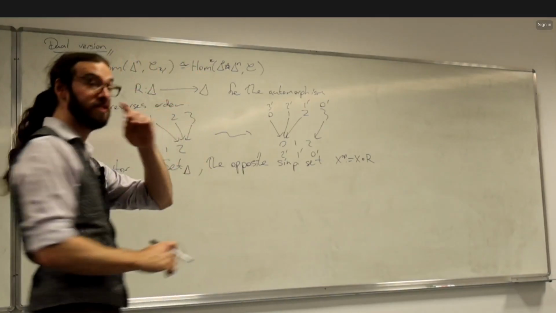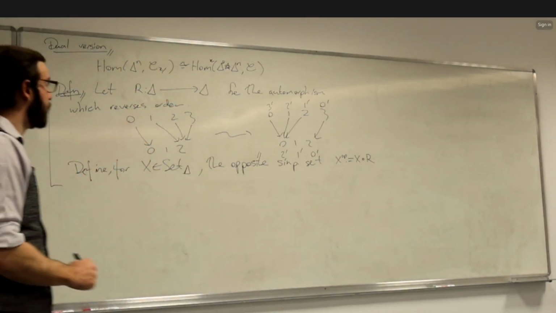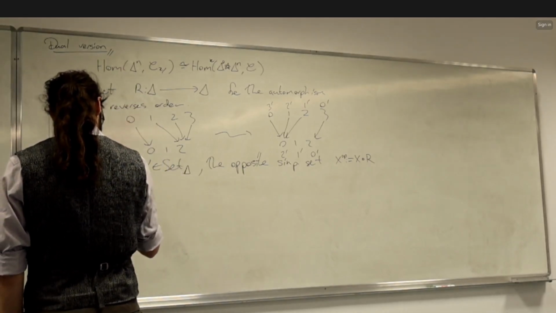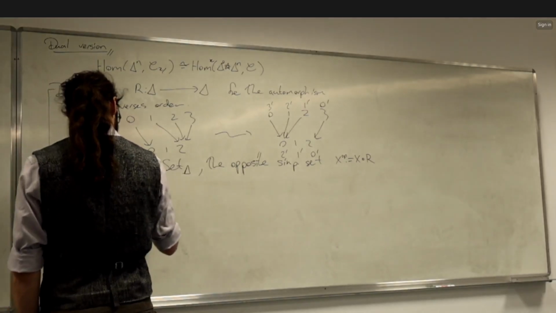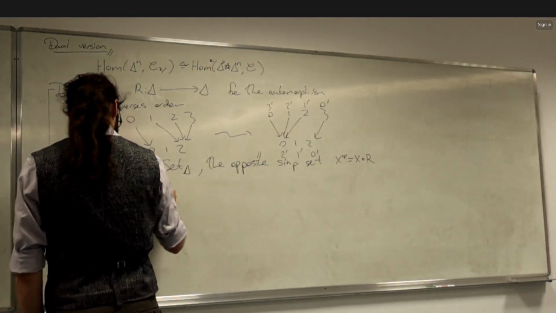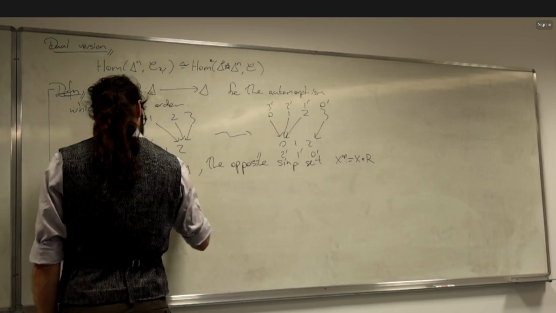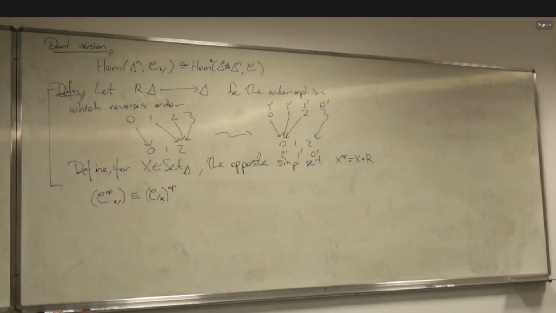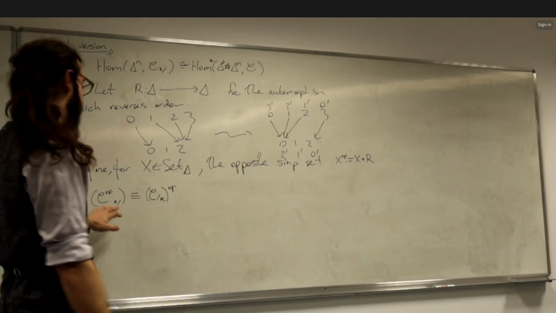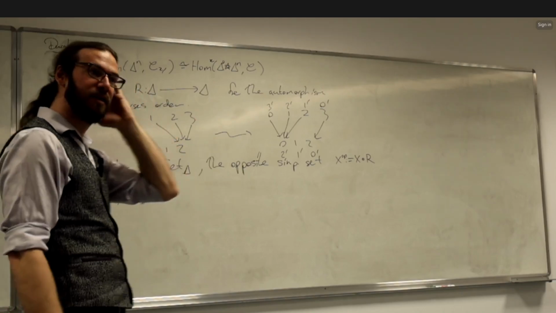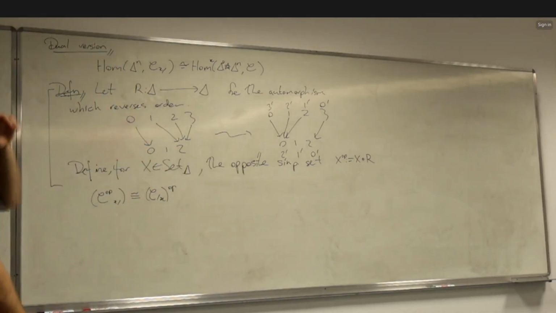That's effectively what this is doing. So then we have that C op x over is isomorphic to C over x op, exactly as with one categories. And that just amounts to untangling each of the definitions, seeing what this op does to the join and how it plays with our definitions.